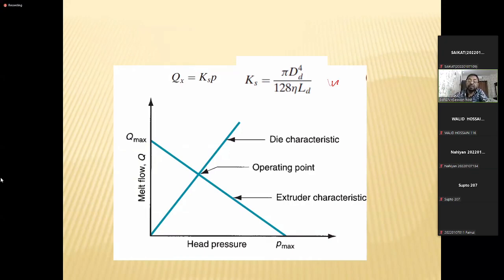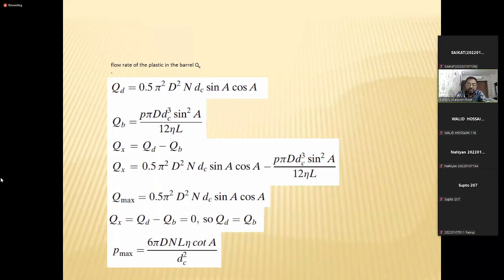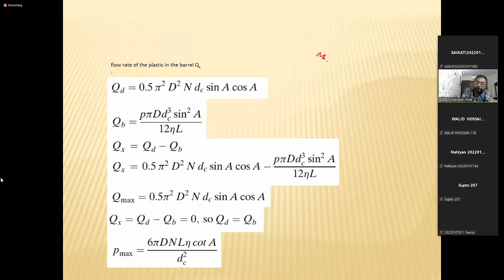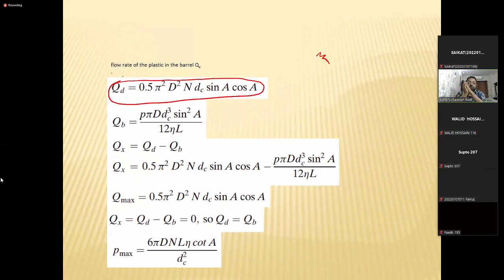Before that, let us review the formula we have studied. We have studied the formula for the direct flow. Direct flow is the flow of the melting material per unit time if there is no die, that is, no back pressure; it is open.